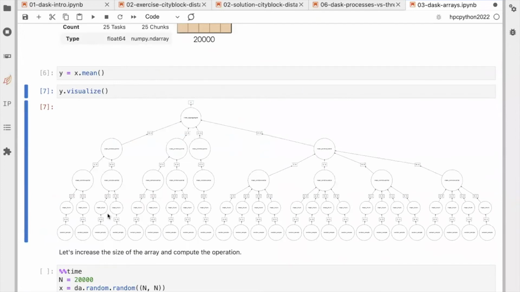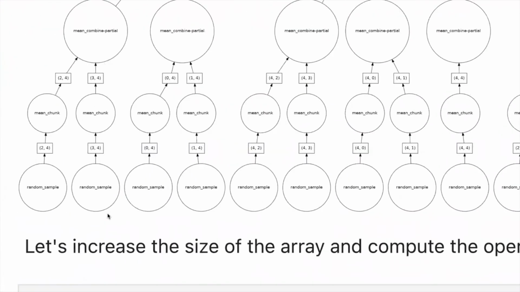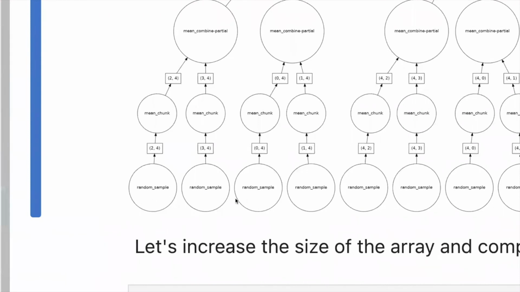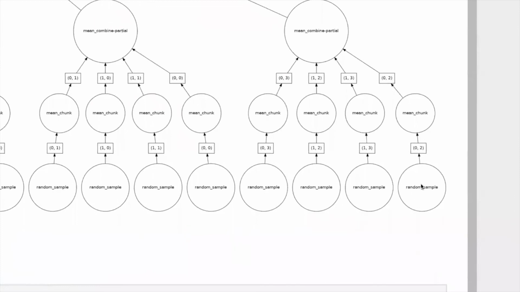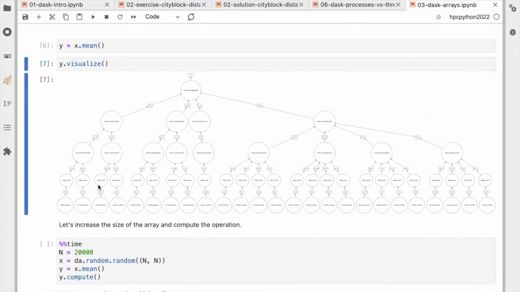It is very small, but here we have random samples, which is where the arrays are coming from. At this point, this random data doesn't exist. It is going to be divided in these groups, so it's six groups, and then all of them do operations, like a sort of pyramid of operations.